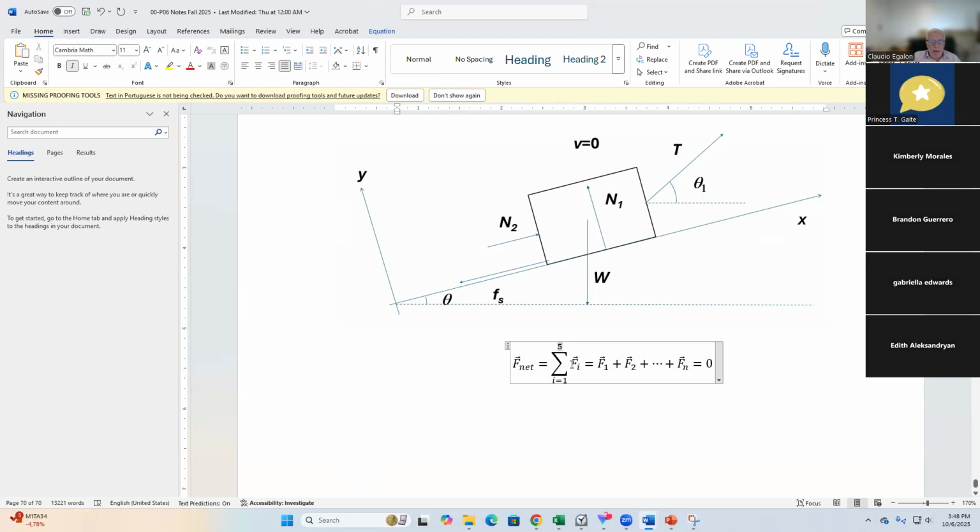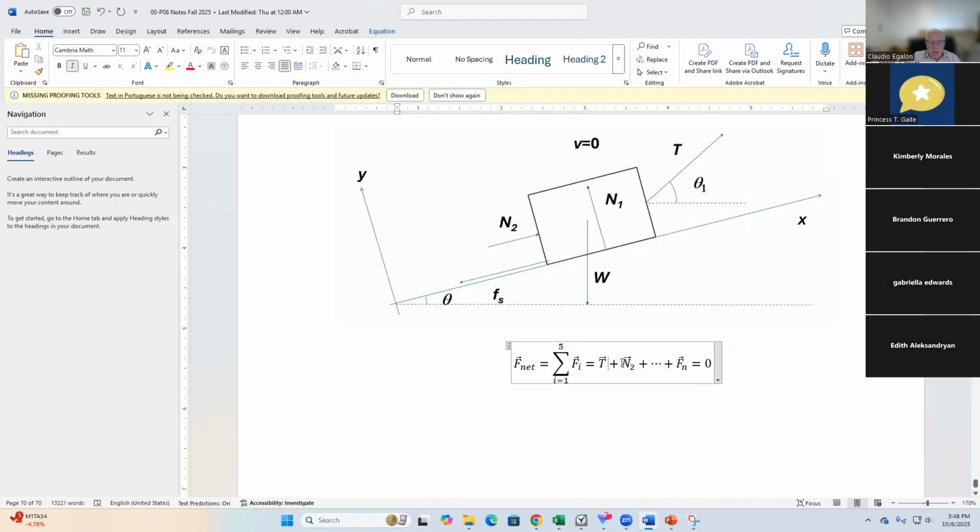Force 1 is the tension. Force 2 is the normal number 2. I'm calling it number 2 because we have the normal number 1, right? That's always there.